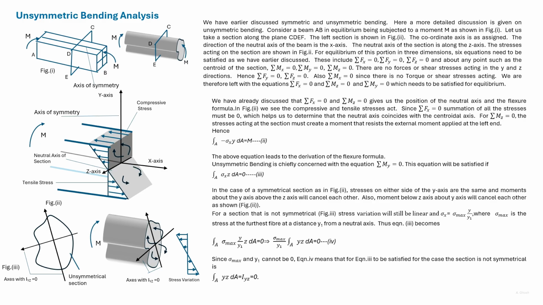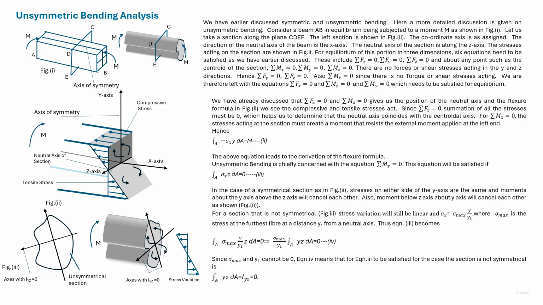We have discussed symmetric bending analysis in detail and briefly mentioned unsymmetric bending analysis. Here we'll give a short general description of symmetric analysis in order to move on to unsymmetric bending analysis.